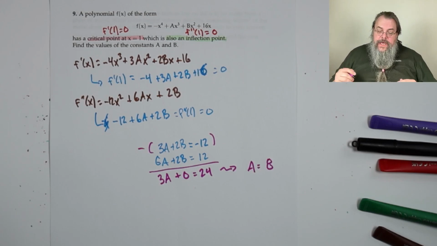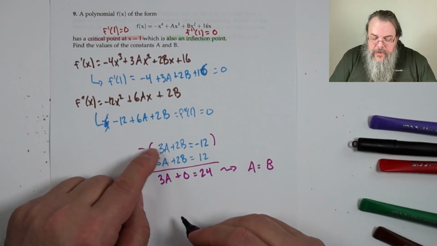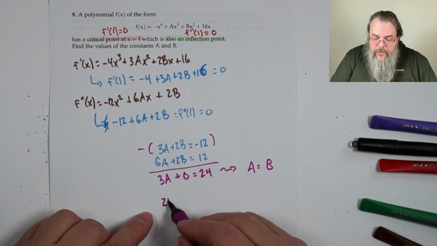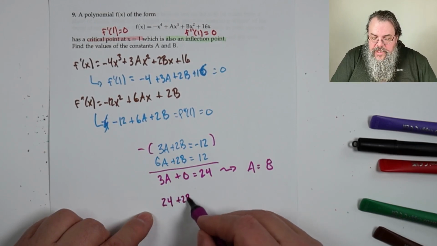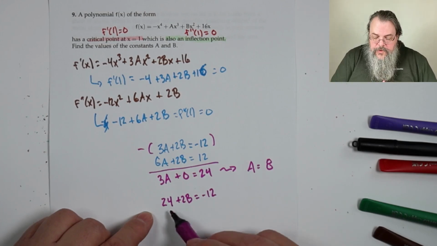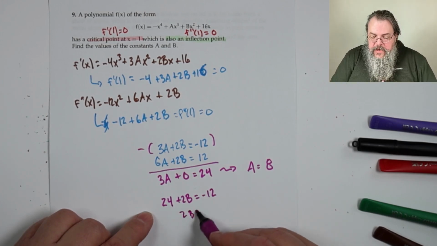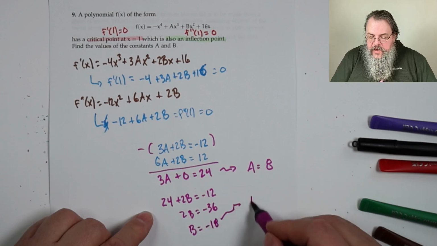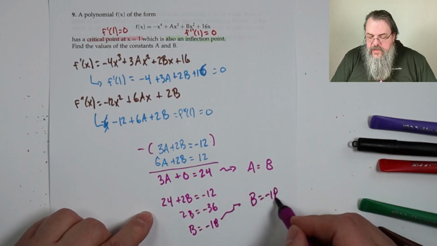Now that we know a, we have 3 times a, that's 24, plus 2 times b equals minus 12. We can move the 24 across. 2 times b equals negative 36. So b should be negative 18. All right, b equals minus 18.